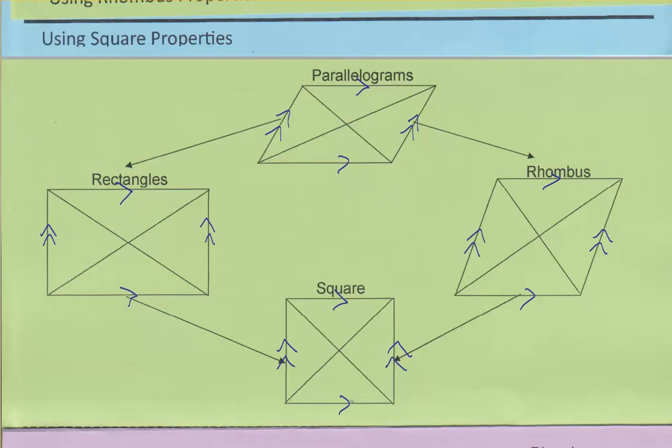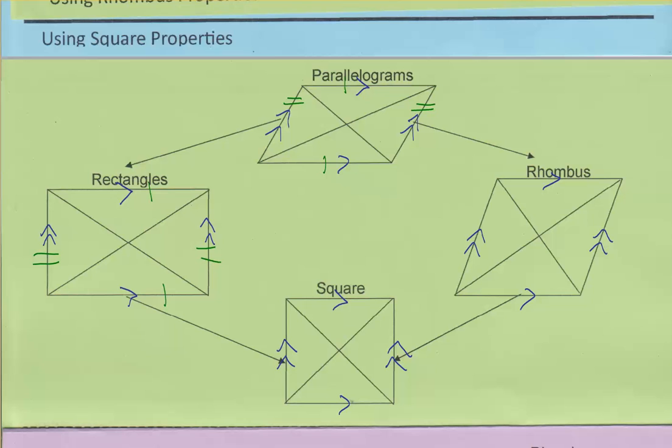So whenever we mark that on these, they're just little tick marks, and each side that is congruent will look a little different. And I'm not going to mark this on rhombuses or squares yet because those opposite sides are still congruent, but they have a different property as well. So I'm going to mark that differently on rhombuses and squares. So for right now, we're only going to mark it on parallelograms and rectangles.